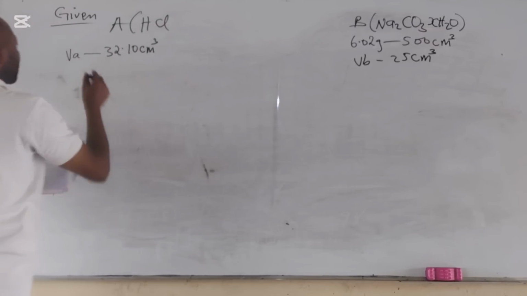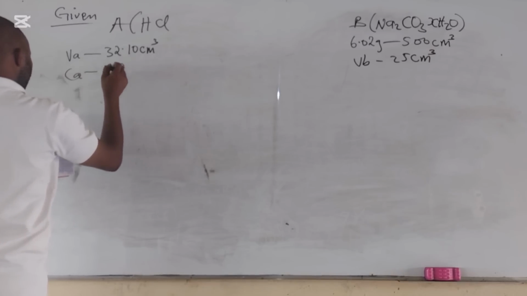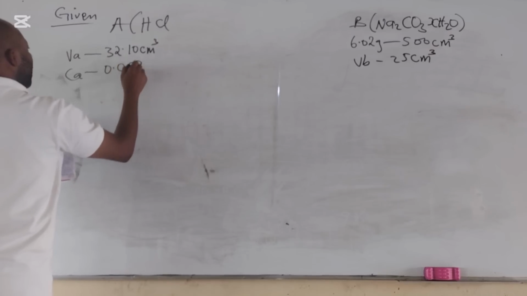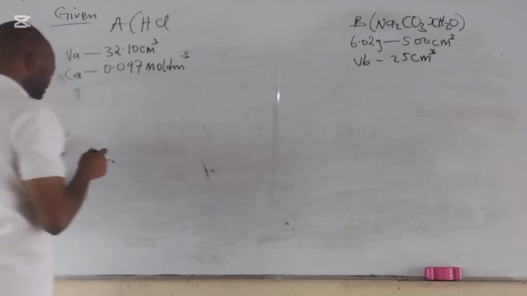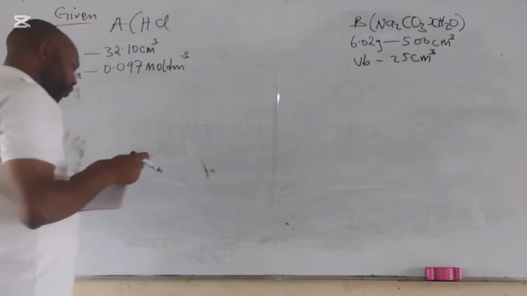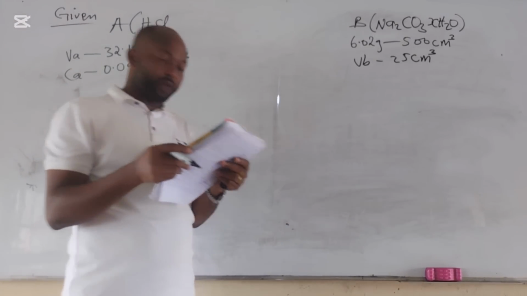And A is also CA, 0.097 mole per dm³. For complete neutralization, calculate Y. Hence, write the formula of the efflorescent washing soda.